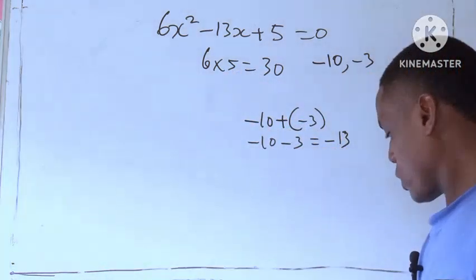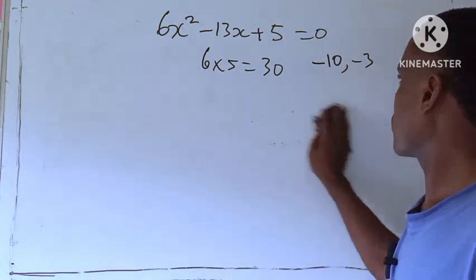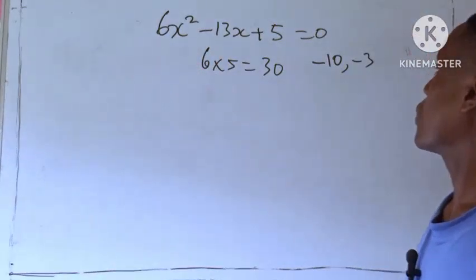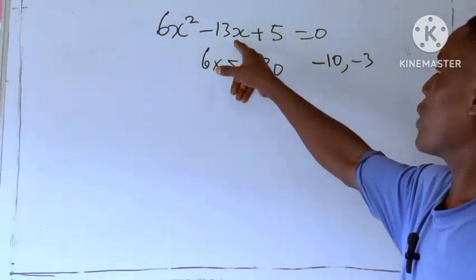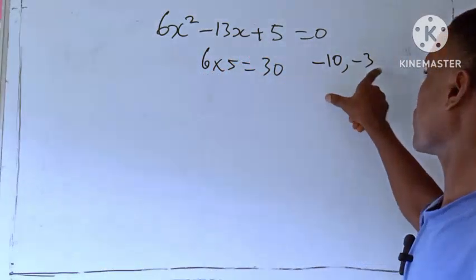So let's input them here. In place of minus 13x, we put these two numbers.